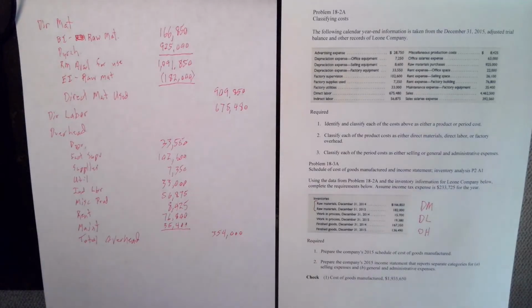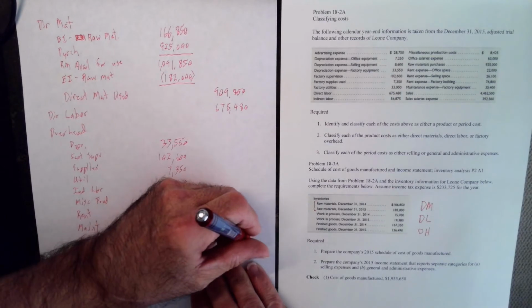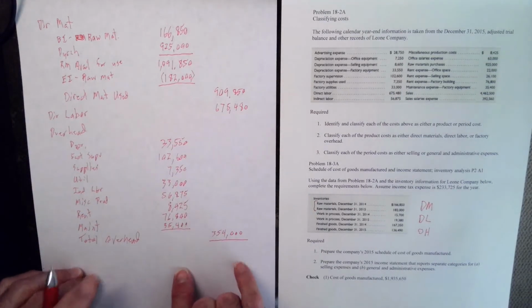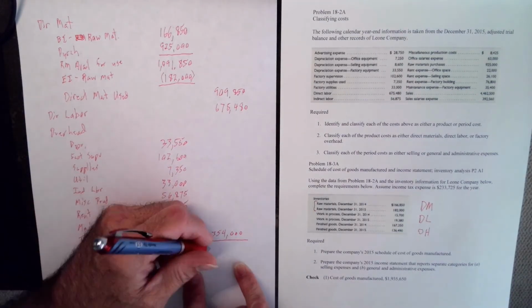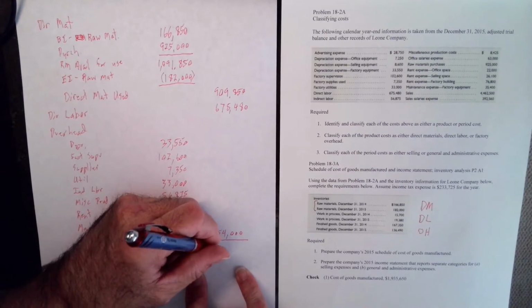Okay, round two. So I have come up with my total manufacturing costs, which are going to be $1,939,330.